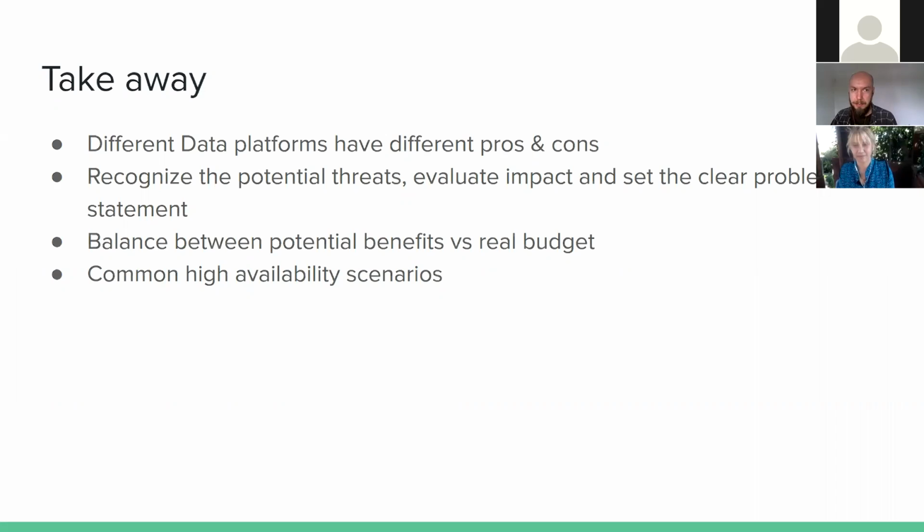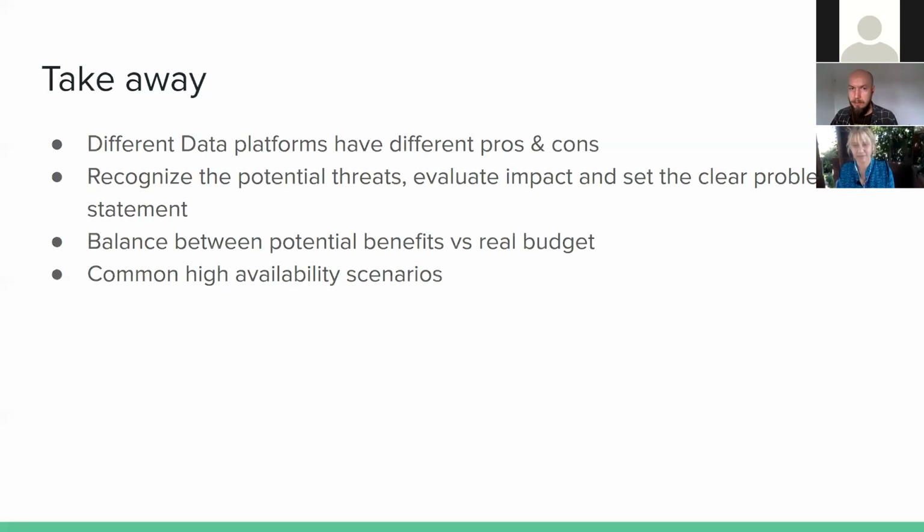The next one is the balance between potential benefits and real budget. As engineers, we don't think too much about the money, and it's important, because everything that you bring to the table in your environment costs money.